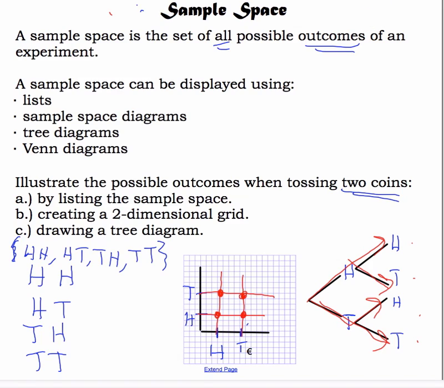For example, let's look at what happens when we flip 3 coins. When we flip 3 coins, there's actually going to be 8 different possibilities. So we have head, head, head; head, head, tail. We could have head, tail, head. We could have head, tail, tail. So that's 4. And then same thing, but with the first coin flip, tails.